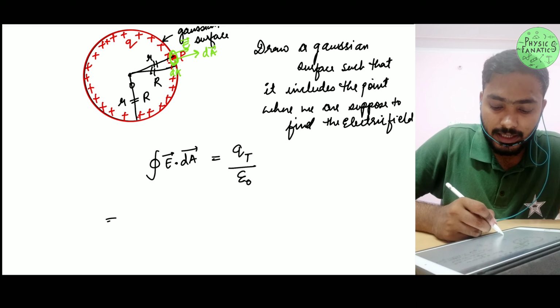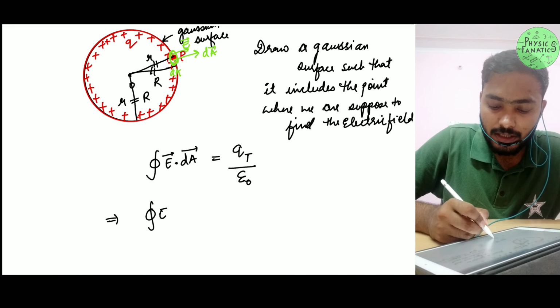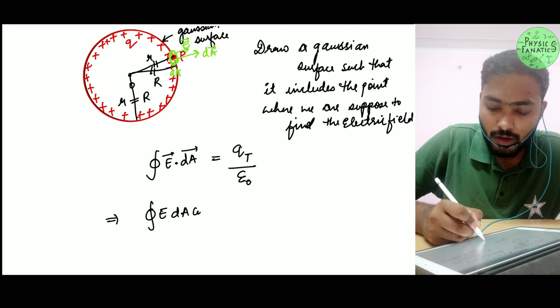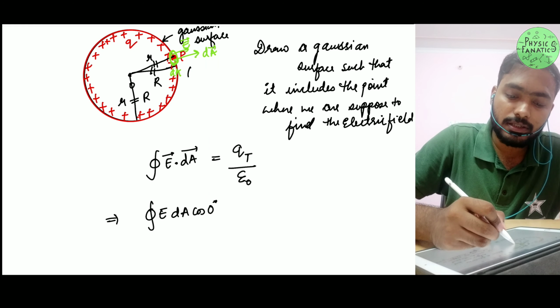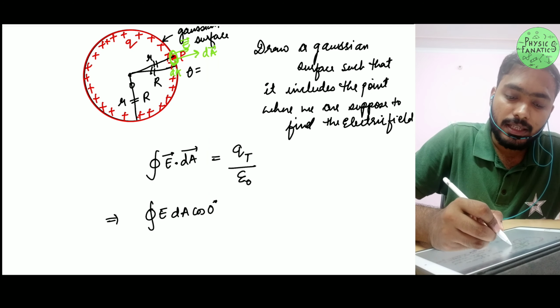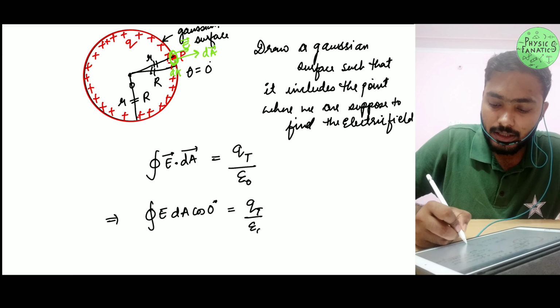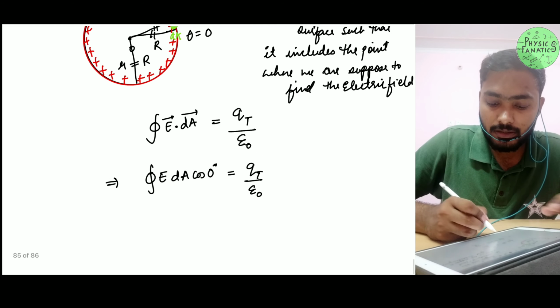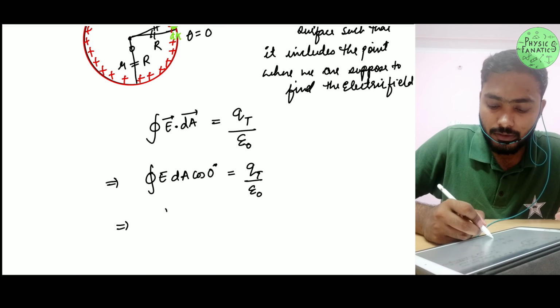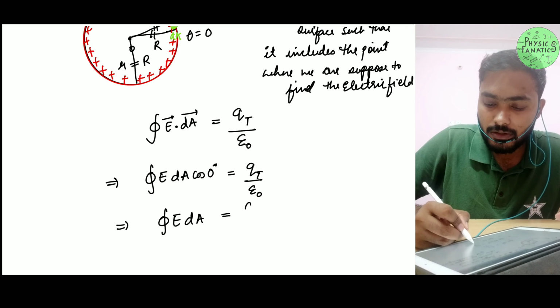So I can write E dA cos 0, because the angle theta between my E vector and my dA vector is 0 degrees, and we know cos 0 is 1, is equal to Q total upon epsilon naught.